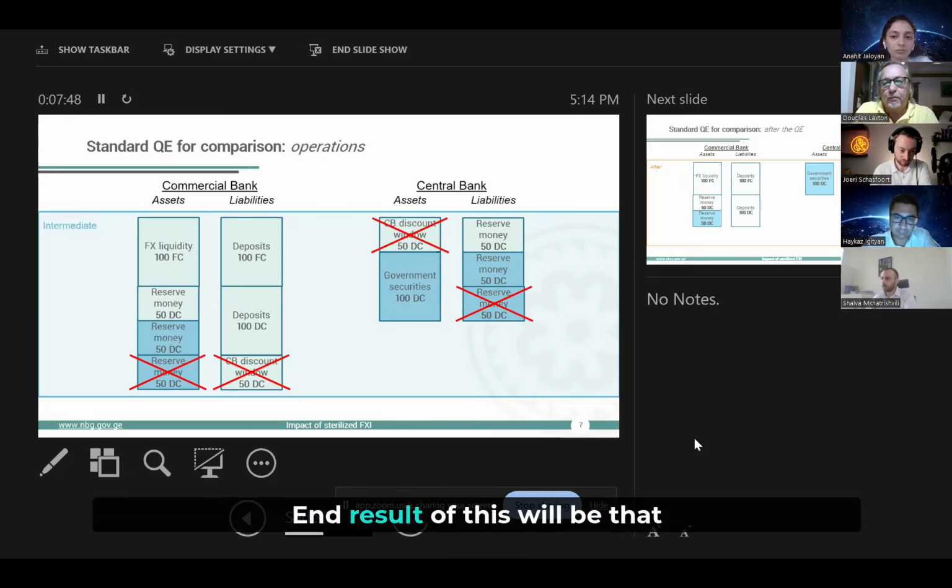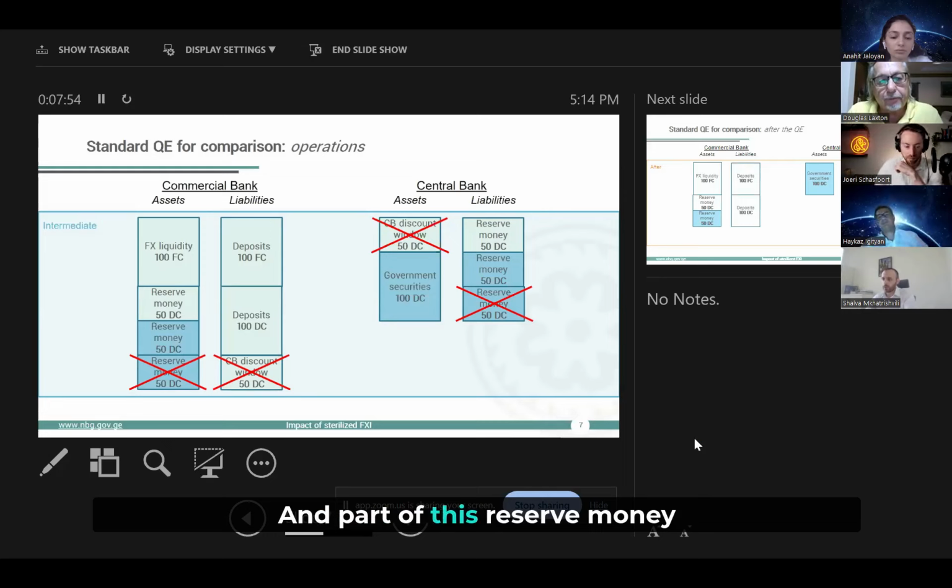The end result of this will be that now the commercial bank has a lot of reserve money instead of government securities, and part of this reserve money will be just excess reserves, reserves that the commercial bank doesn't need because reserve requirements do not necessitate that much reserves, and this means that the bank will not hold this much reserves anyway.